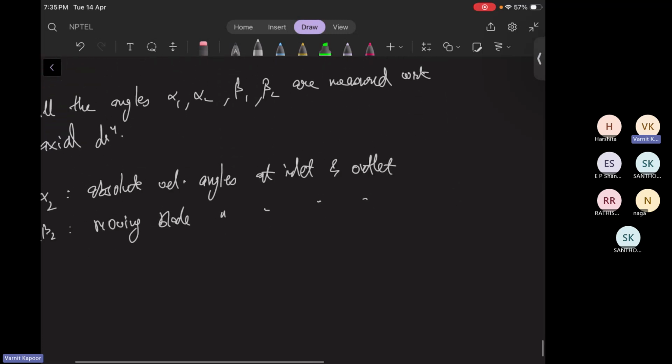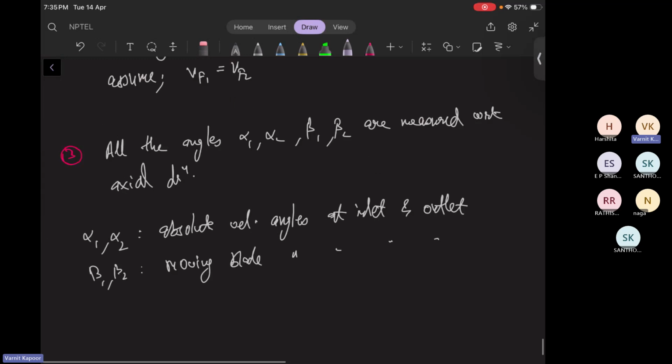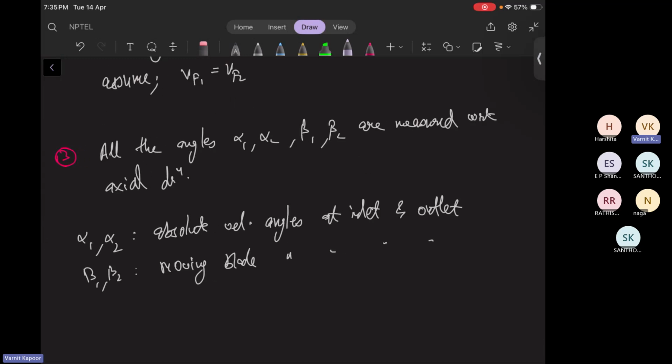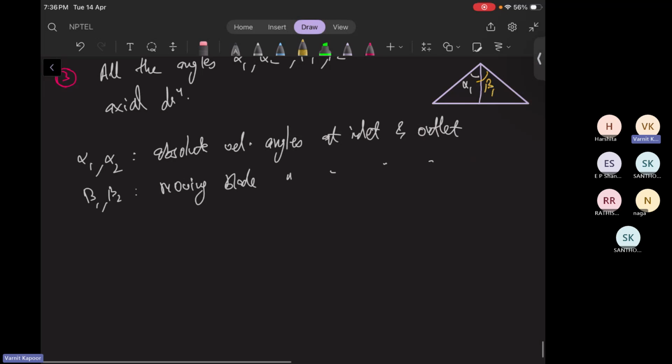So how alpha 1 and beta 1 will look, if I want to show you: suppose you have a velocity triangle like this. This is your alpha 1 and this is your beta 1, the absolute velocity and moving blade angle at inlet. Similarly, it will be for the outlet. Based on these three conditions, we can make our inlet and outlet velocity triangles.